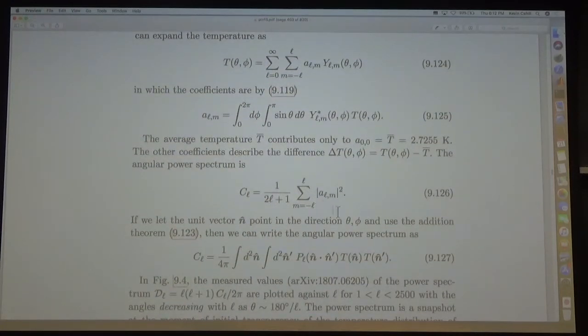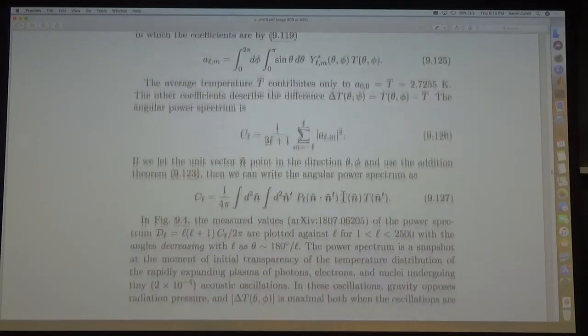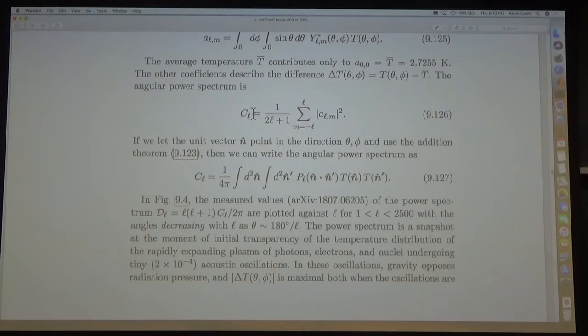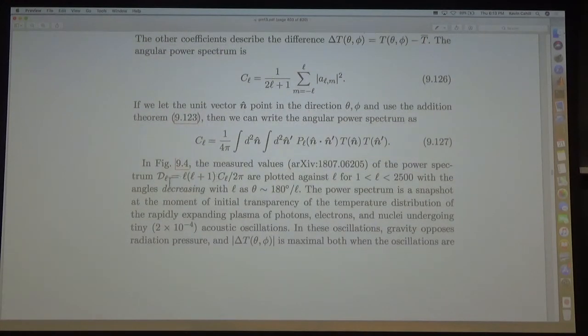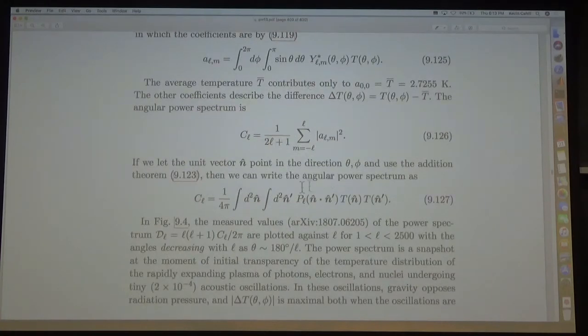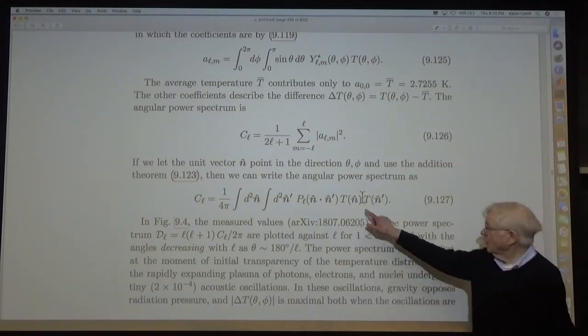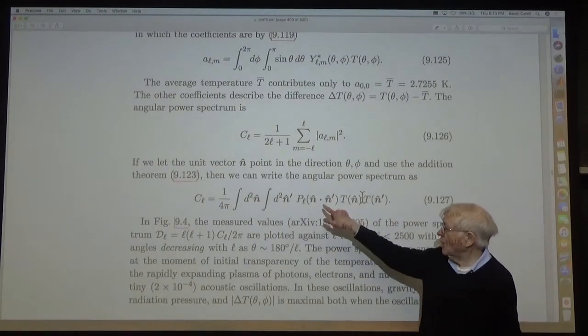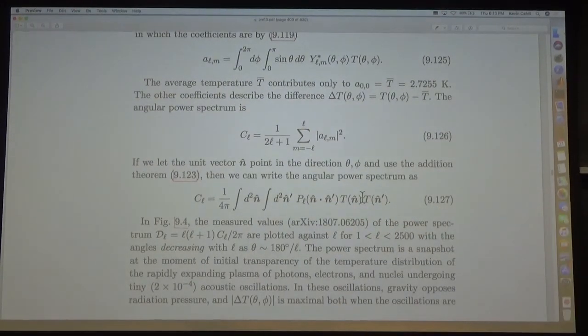And then they weren't so much interested in different directions, and so they took a sum over the magnetic quantum number from -L to L and took an absolute value squared and defined something called C sub L. And then in terms of C sub L, they multiplied by L(L+1) and got something called D sub L. But if you use the addition theorem, you can see that the C sub L's are actually a kind of correlation function of the temperature in one direction with the temperature in the other direction, weighted by the Legendre polynomial.